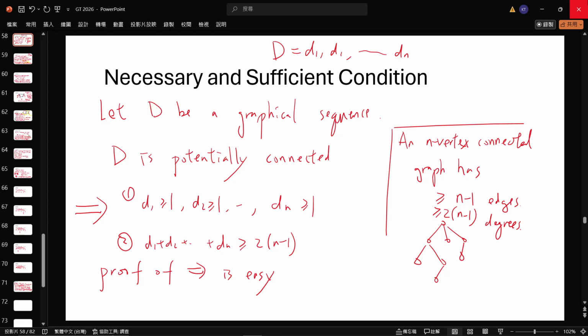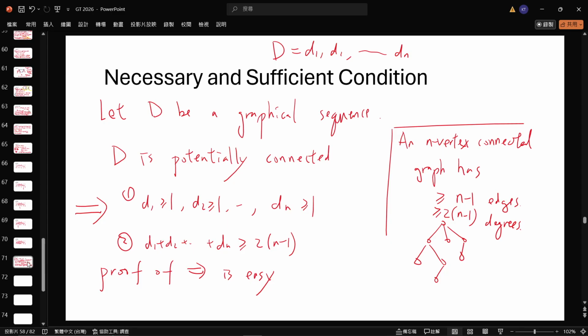Because apparently if the degree sequence does not satisfy these two conditions, we cannot find a connected graph, okay? But on the other hand, we're not sure whether if the degree sequence satisfies these two conditions, our algorithm will always output a connected graph, okay? So we need a proof, okay?